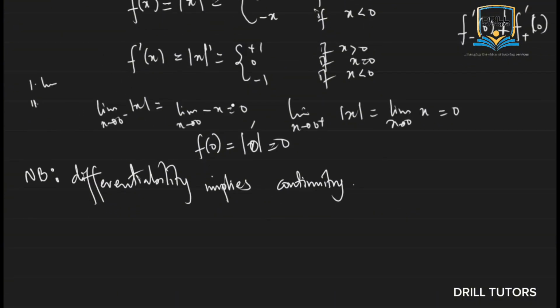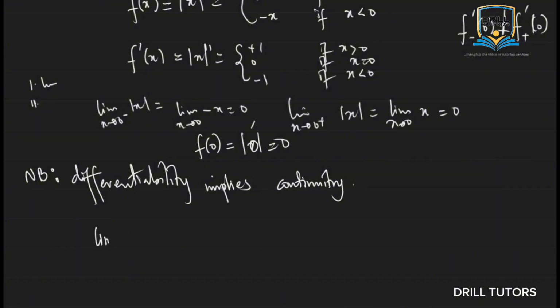Now, the way I solve this question is quite, will I say, fast. Let's go through the route I taught you. I gave you some limit formulas. So let's use those limit ideas to solve this question. So from the left, we want to see if the function is differentiable at point 0.